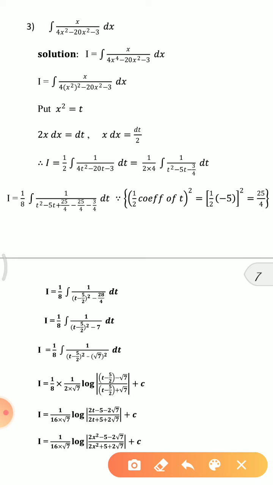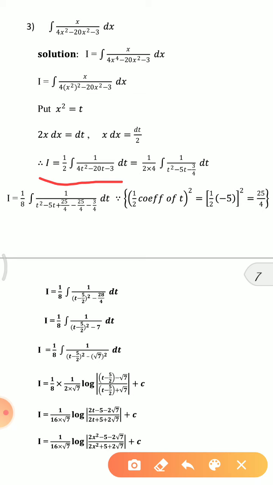Shifting this value here, the new integration form is I equals half into the integral of 1 upon 4t² minus 20t minus 3 dt. Then we take the constant 4 outside the integral, that means 1 by 4, and already 1 by 2, so 1 by 2 into 4.